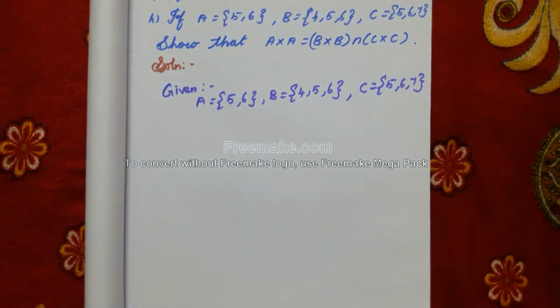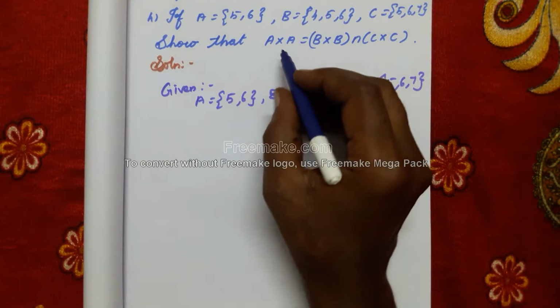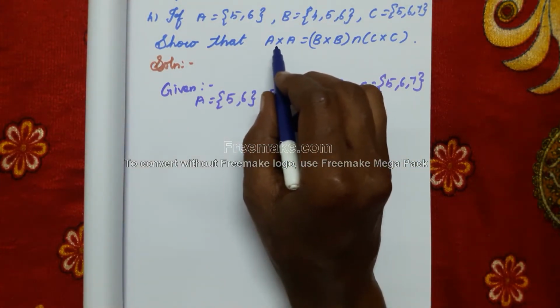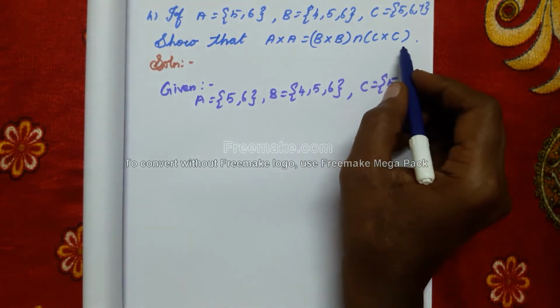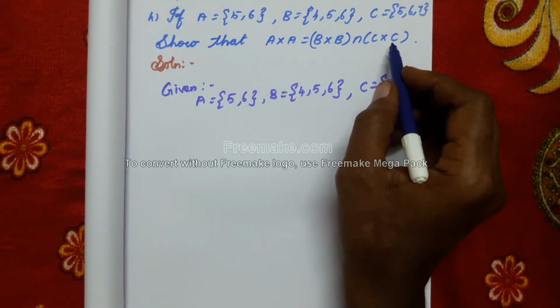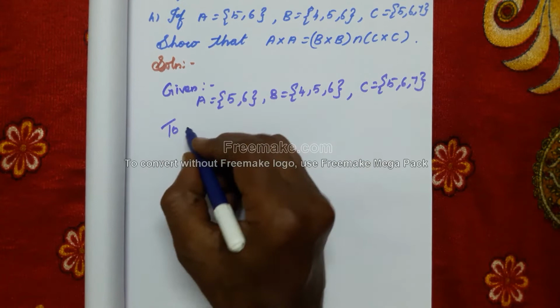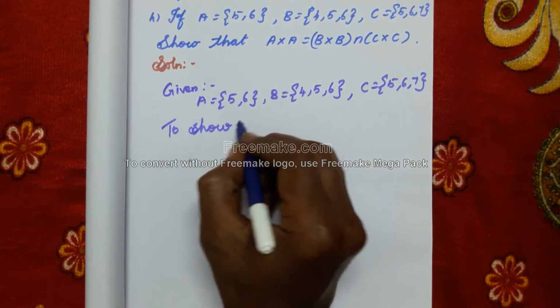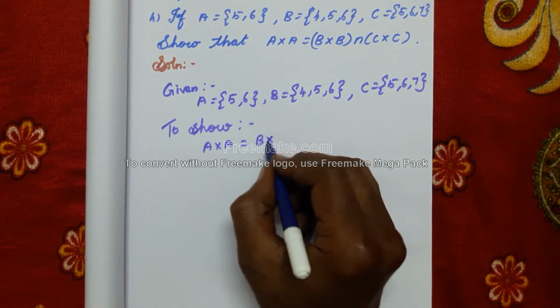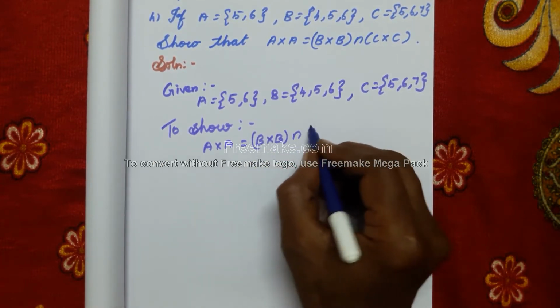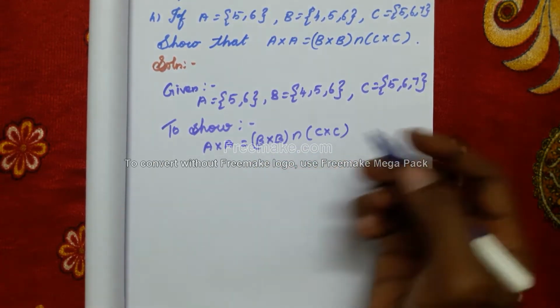What do we have to find out? We have to show that A cross A is equal to (B cross B) intersection (C cross C).